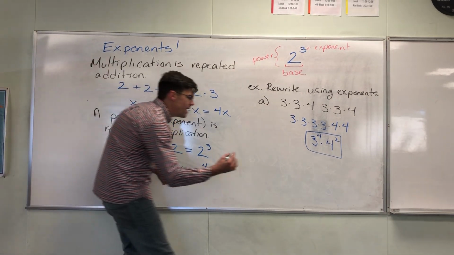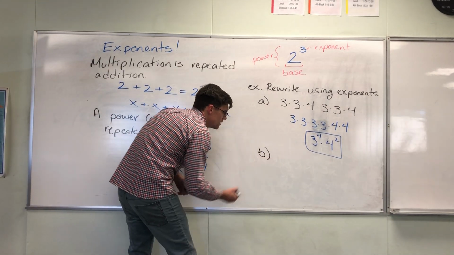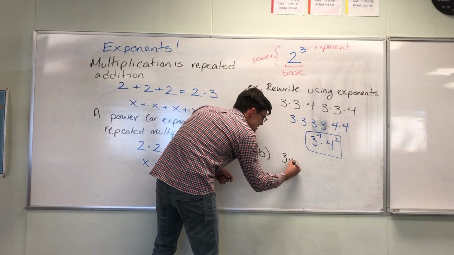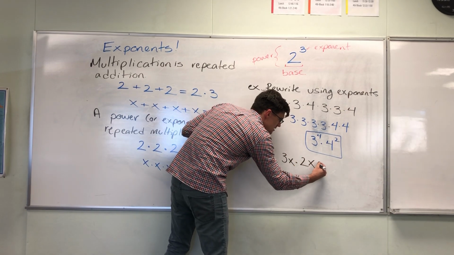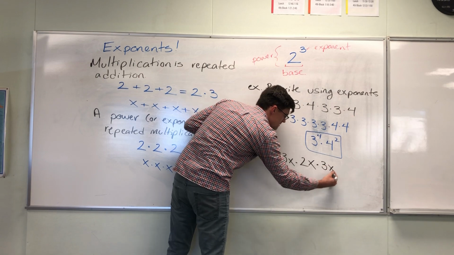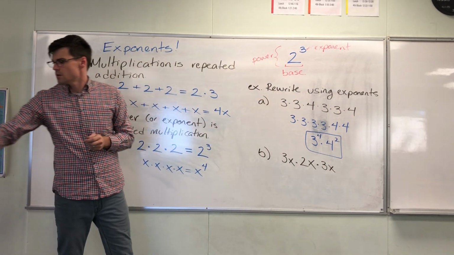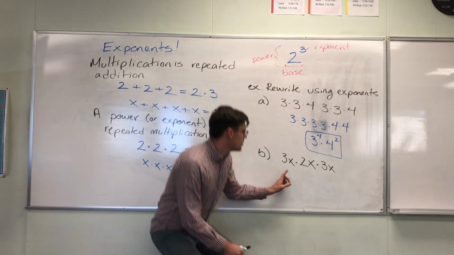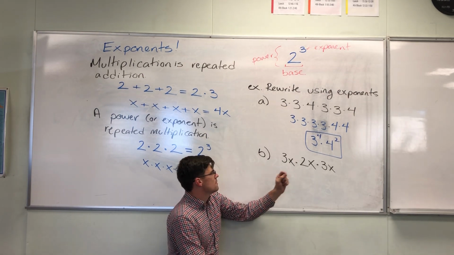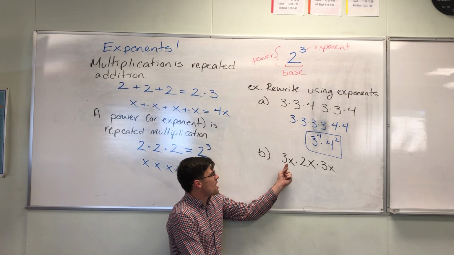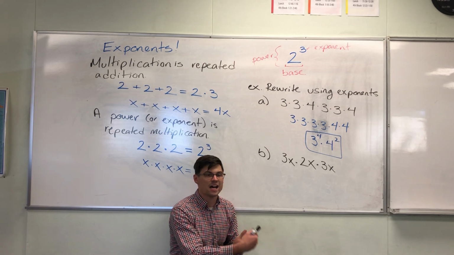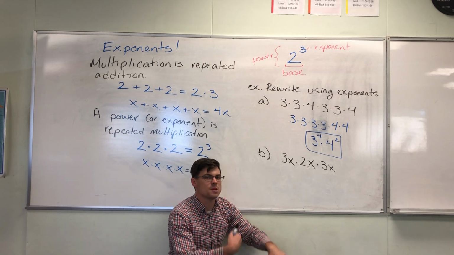We can do the same thing if variables are involved. Let's say we had 3x times 2x times 3x. So first of all, this is all just a bunch of multiplication. Even if I don't put a multiplication dot between the 3 and the x, we know this is 3 times x times 2 times x times 3 times x.